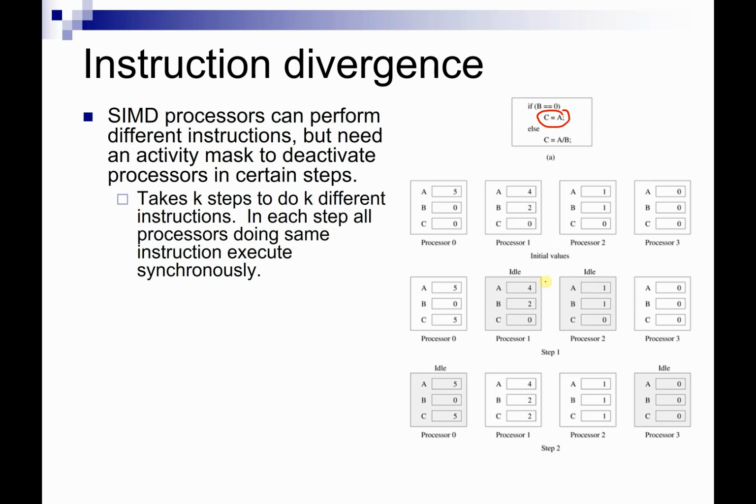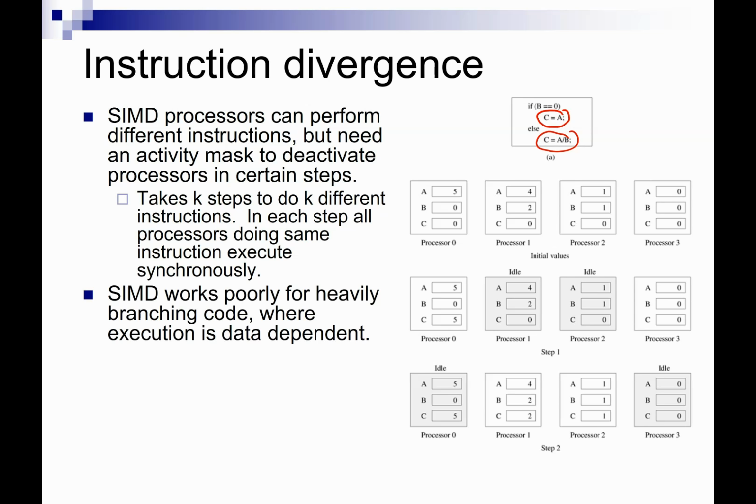In the second time step, we're going to do this c equals a divided by b operation, which will be done by P1 and P2. But at that time point, we're going to deactivate P0 and P3. So even though we have 4 processors, we can't do all of the instructions in one step. We need to take 2 steps because we need to deactivate some of the processors.